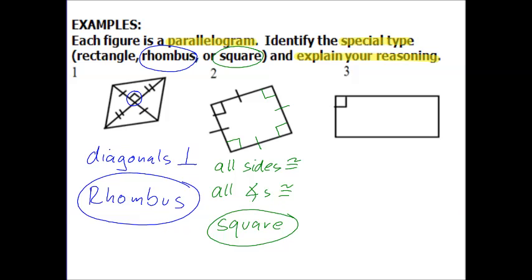Moving on to our third example here. We only have one angle given, that's a right angle. So we're going to mark our opposite angle as congruent, which makes it a right angle as well. And now we're going to look at our consecutive angles. The angles next to each other have to be supplementary and add up to 180. 90 plus 90 is 180.